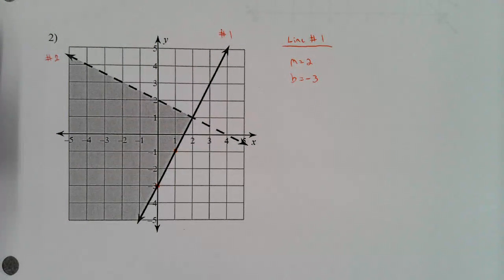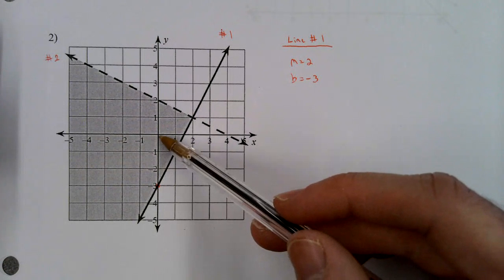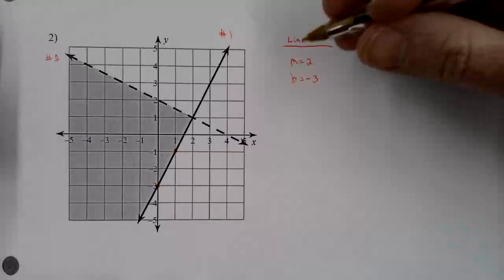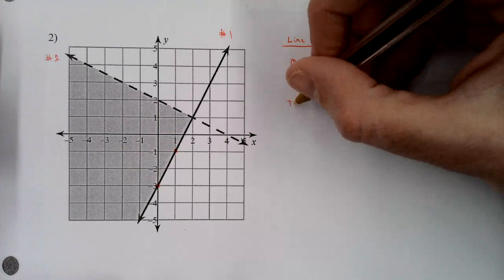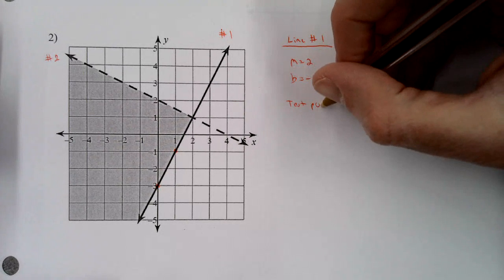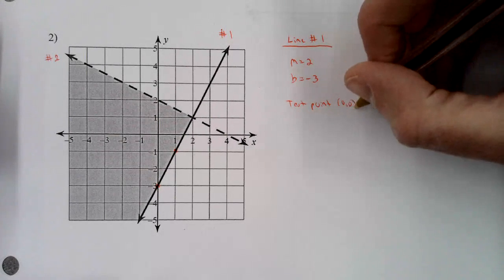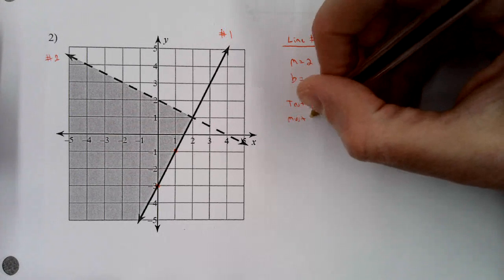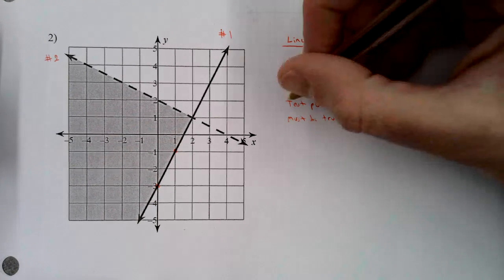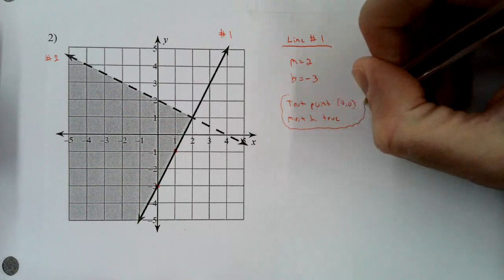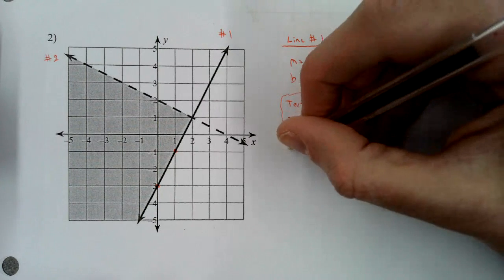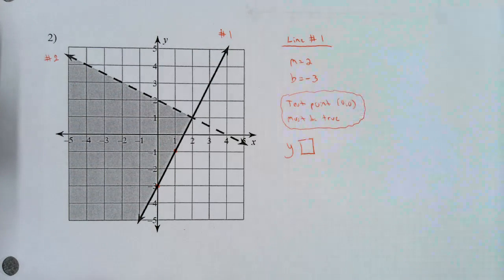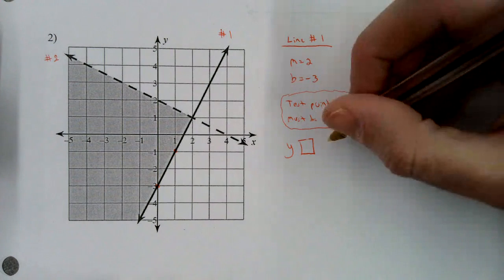Let's pick a test point. Let's pick any point in the shaded region. I'm going to go with 0, 0, because that's the easiest one if possible. So let's test the point 0, 0. That must be true. All right, here's my inequality. Y, we don't know the symbol, mx plus b, so 2x minus 3.